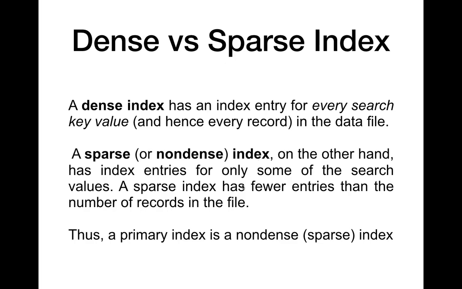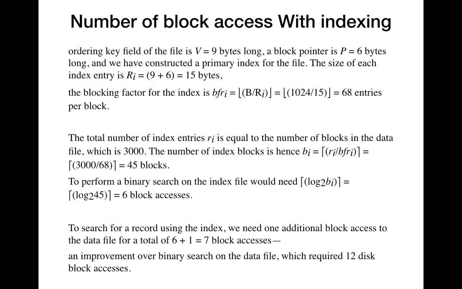In the further lecture videos, we'll be seeing the next types of indexing, that is clustering and secondary index mechanisms, and comparing all these terms. So what we just saw in this video lecture was just an overview, and I hope you have understood this example.